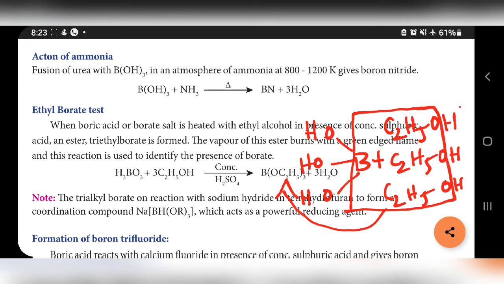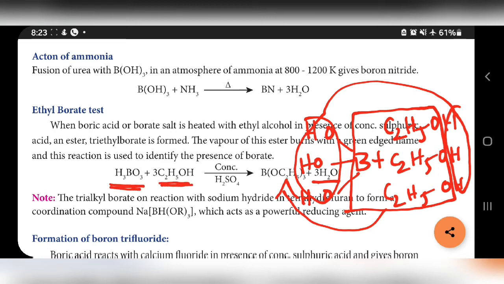Remaining 3 hydrogen takes this 3 OH, means 3 water molecules are obtained. So, boric acid reacted with ethyl alcohol forms triethyl borate. This reaction is used to identify the presence of borate.